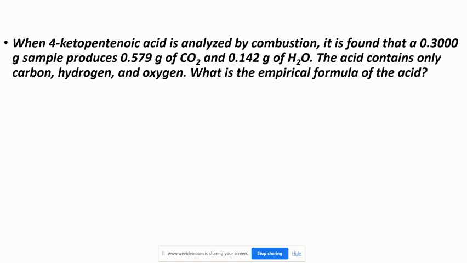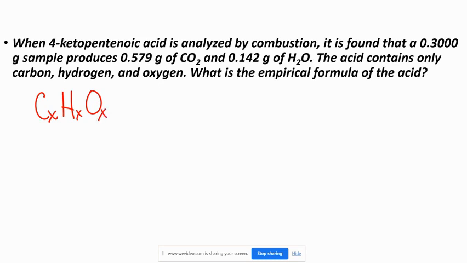All right. So when we do these, they're telling us that we are starting out with an acid. The acid has carbon, hydrogen, and oxygen in it, and we're trying to give the empirical formula. So I've got carbon, I've got hydrogen, and I've got oxygen.